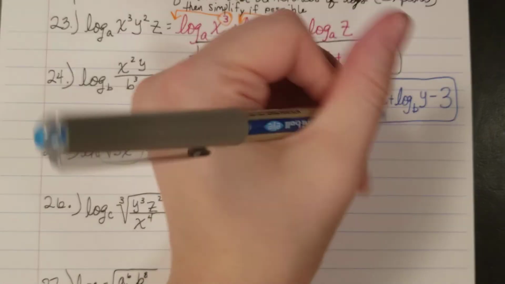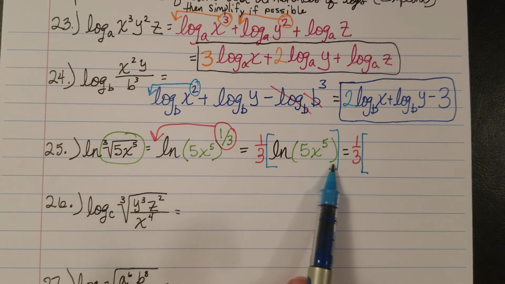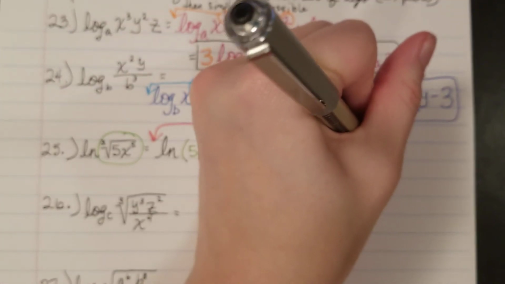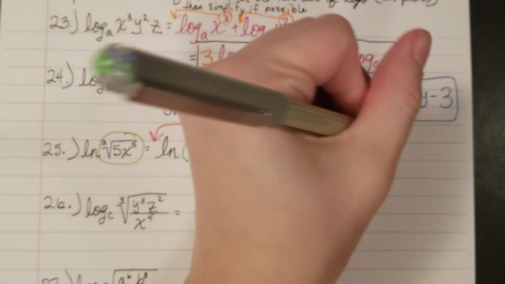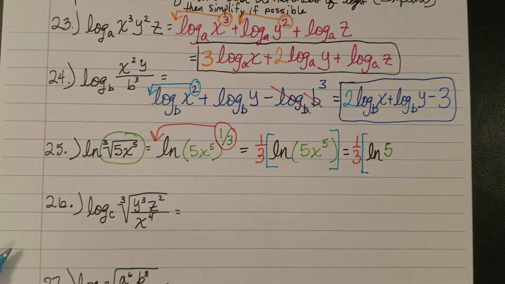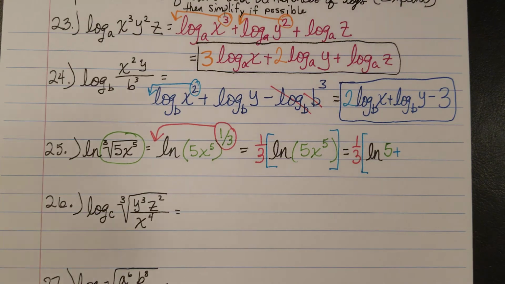So the 1/3 has to be, that's why we need these brackets now, because now this is going to turn into, instead of just one term, 2 terms. Okay, so it's going to be ln of 5 plus ln of x to the 5th.